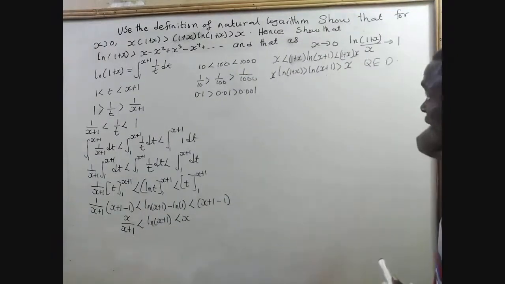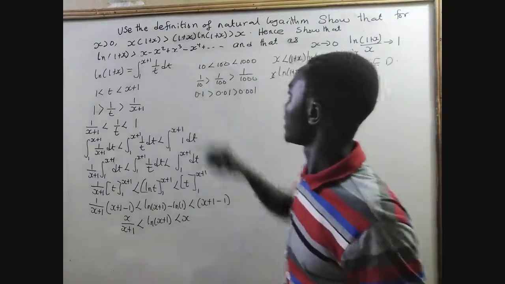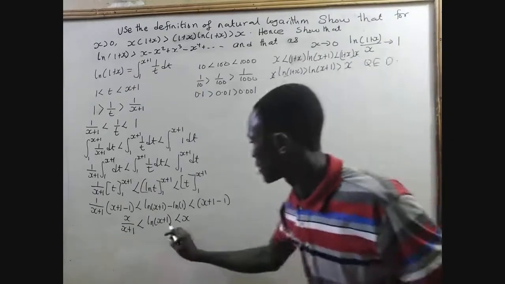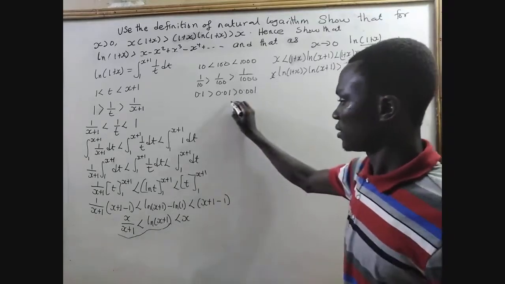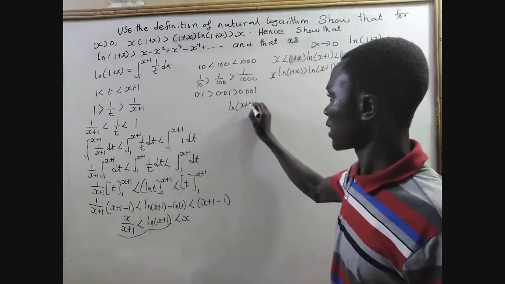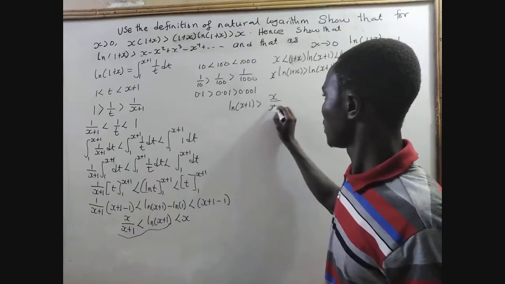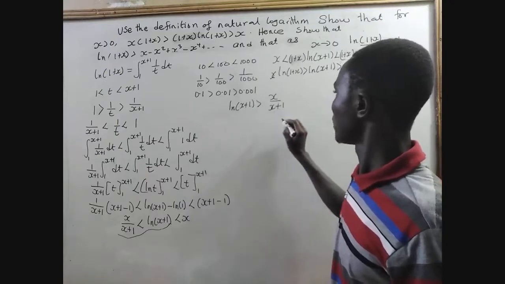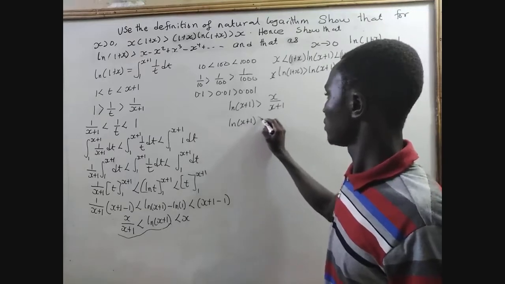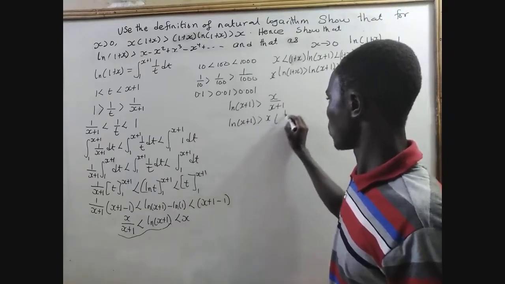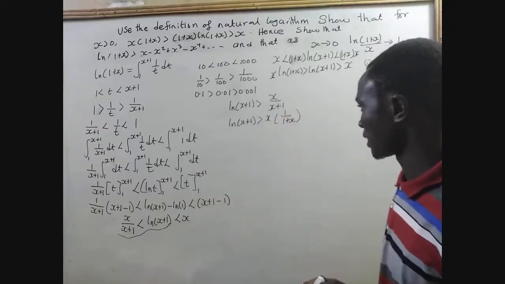Now, the second part. Hence, show that natural log of 1 plus x is greater than this. Now, let us take this part. From this part, we have natural log of x plus 1 to be greater than x divided by x plus 1. Now, natural log of x plus 1 is greater than x times 1 divided by 1 plus x. x plus 1 is the same as 1 plus x.